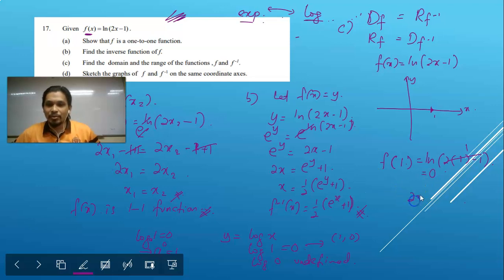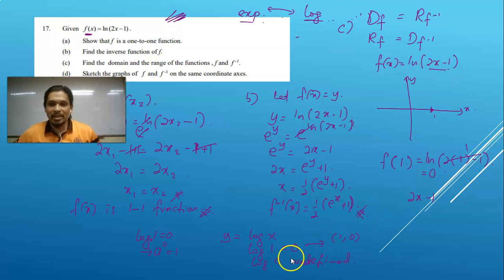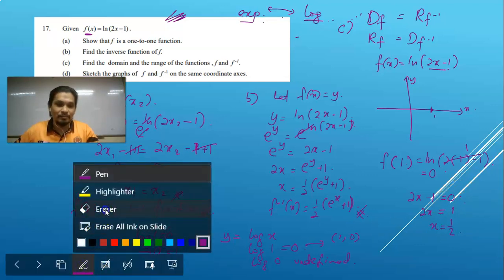Okay, and then let's make this one 2x minus 1 equal to 0, because we'd like to find the vertical asymptote, or straight line here. So 2x equal to, bring it over, becomes positive 1, then x equal to 1 over 2.